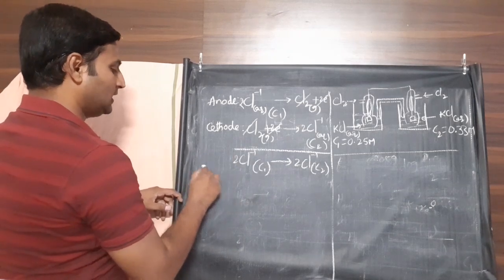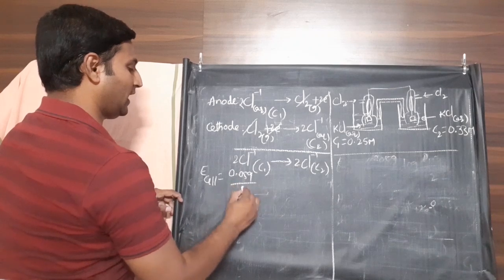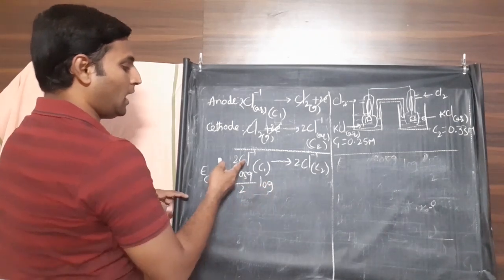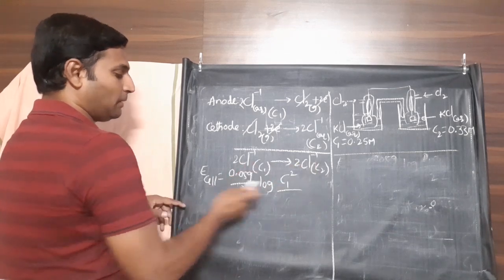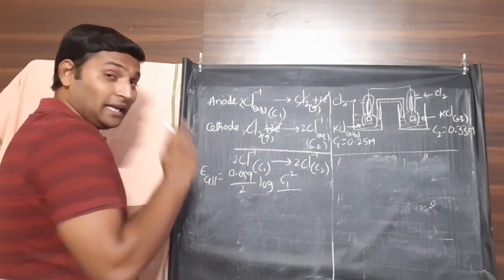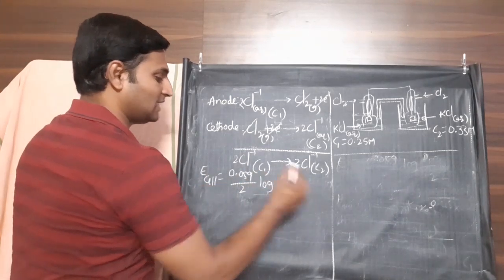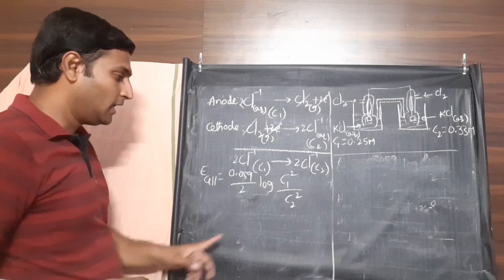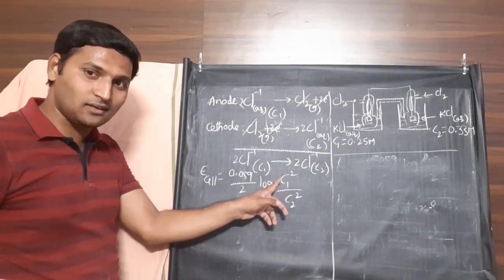Now you write the Nernst equation. E cell is equal to 0.059 by 2 log C1 square, because reactant by product if you take plus, product by reactant if you take minus. So because I am taking plus, C1 square by C2 square. Now tell me, for this ratio to be more than 1, which should be larger?